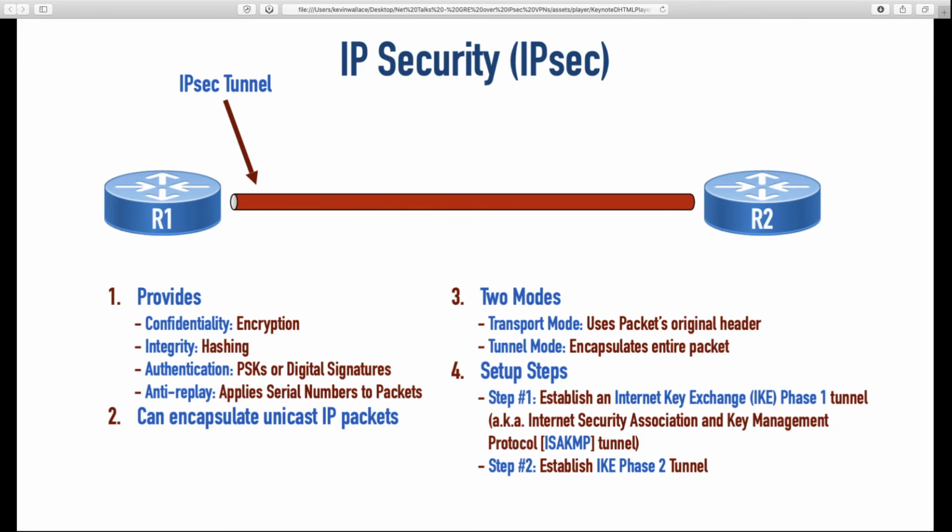I won't read it. It's there on the screen for you. But those are synonymous. We're going to set up an IKE Phase 1 tunnel, and it's within the protection of the IKE Phase 1 tunnel that we're going to negotiate the parameters for the IKE Phase 2 tunnel, also known as the IPsec tunnel.